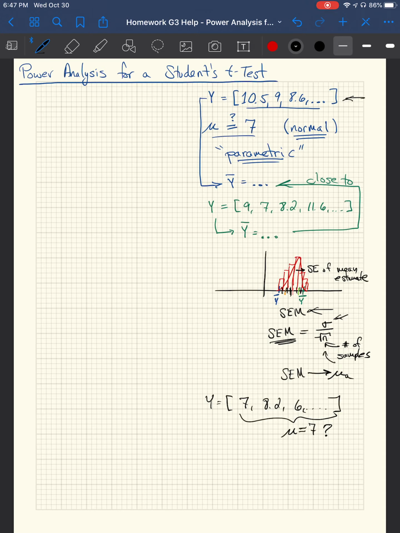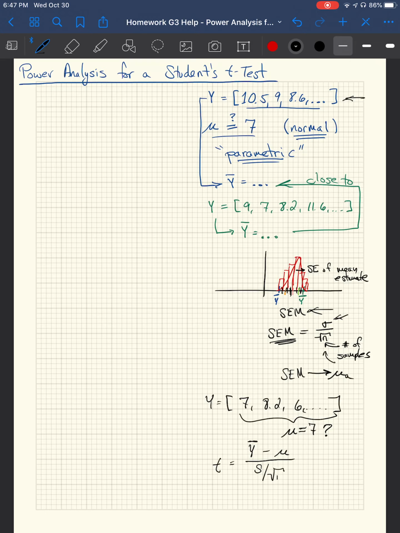And so what the t statistic does is it says, all right, let's take the mean estimate you've got, that's the one sample, and let's subtract off your hypothetical mean, and then divide that by the standard error of the mean, or at least your estimate of it.